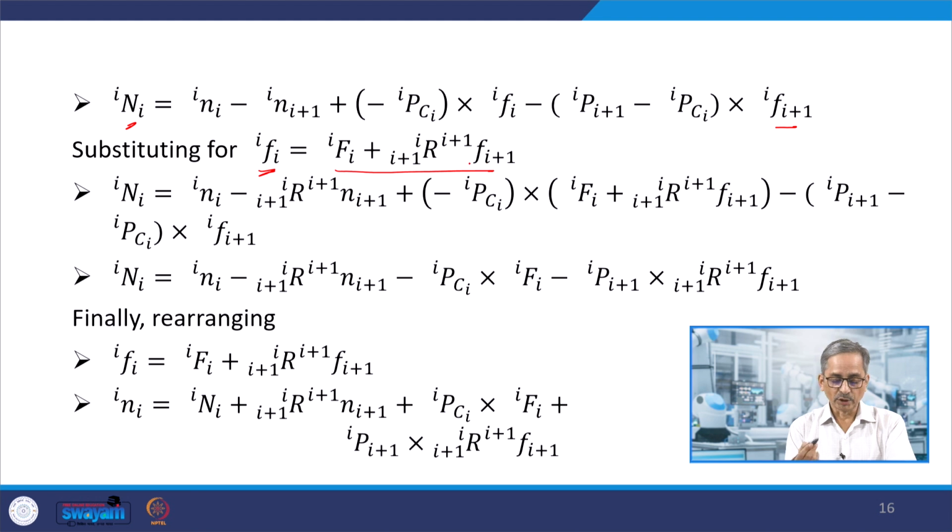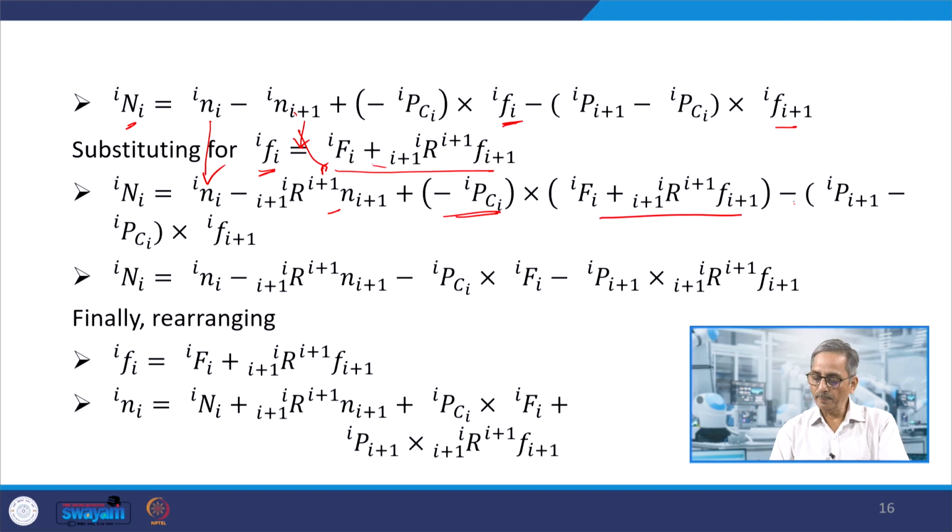Then if I substitute here, this term is as it is, this term I am expressing in terms of its own frame. So, this Fii I am substituting over here. So, you have this term, and this substitution comes over here, minus then this term as it is, cross this term is there.